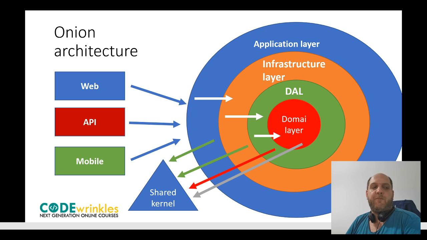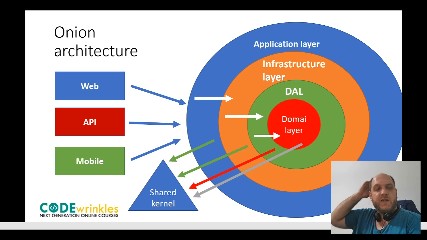Then, of course, the application layer, which is the outermost layer of this onion, could depend on projects that are in the infrastructure layer, data access layer, or domain layer.